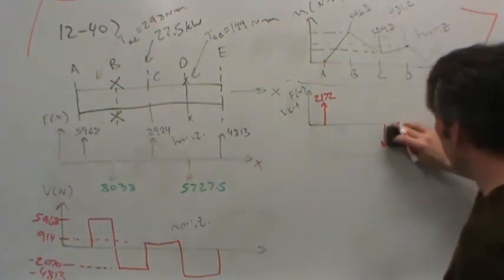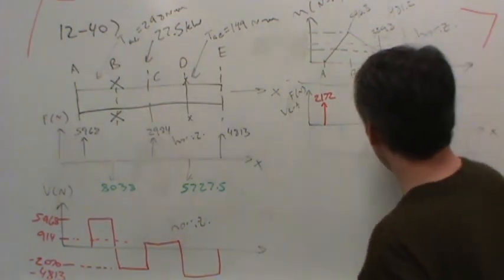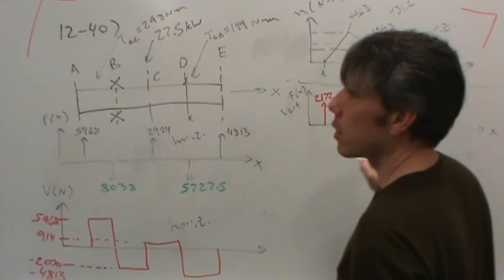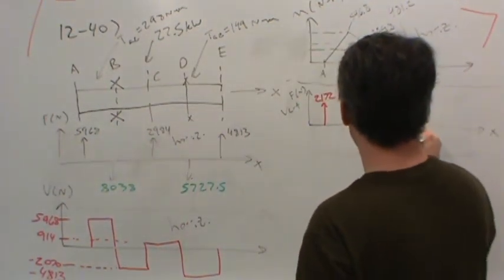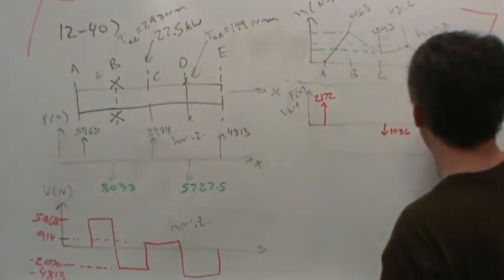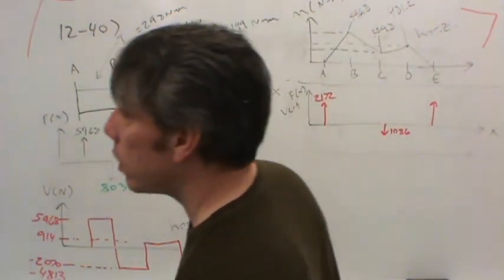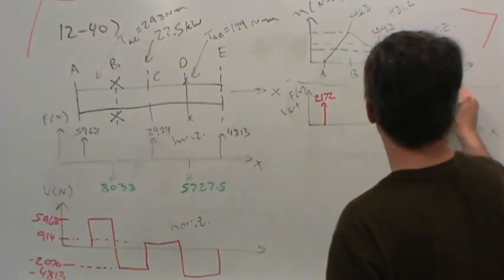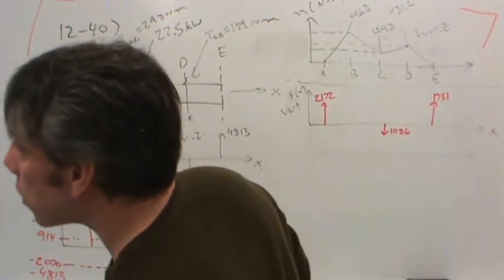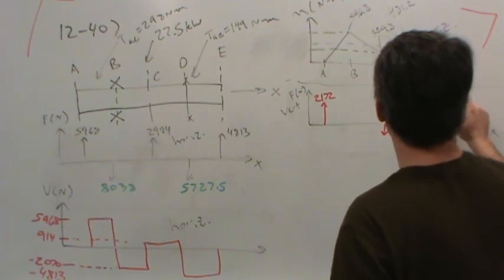I'm going to try to fit all of the diagrams here, so let me make that smaller. 1,086. And then at E, the radial load was 1,751 or so. Let's round it up to 52.